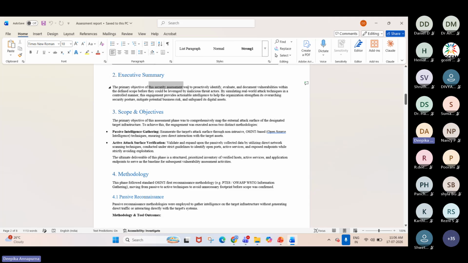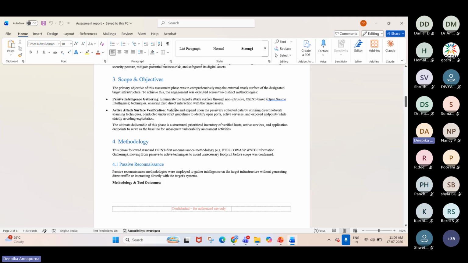The primary objective of the security assessment is to identify, evaluate, and document vulnerabilities within the defined scope that could be leveraged by malicious threat actors. What comes under the scope and objectives? Passive intelligence gathering and active intelligence gathering.